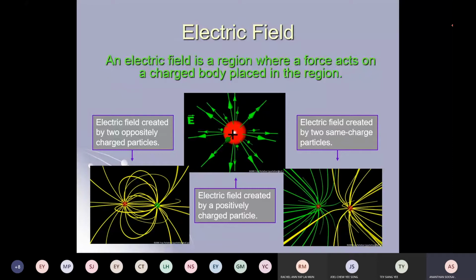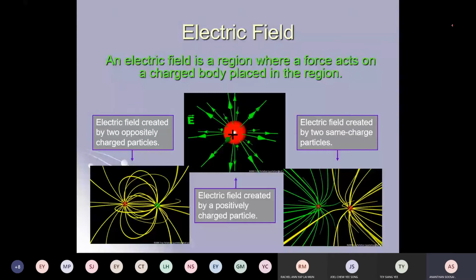What is the similarity between electric force and gravitational force? Anyone? Can anyone give a similarity? Both forces are inversely proportional to the square of the distance.